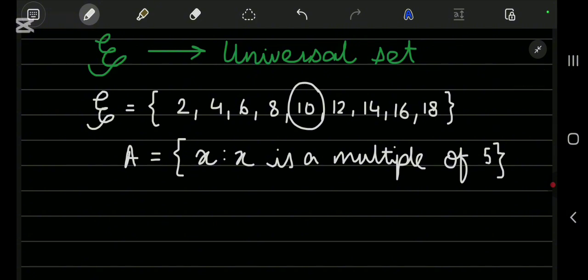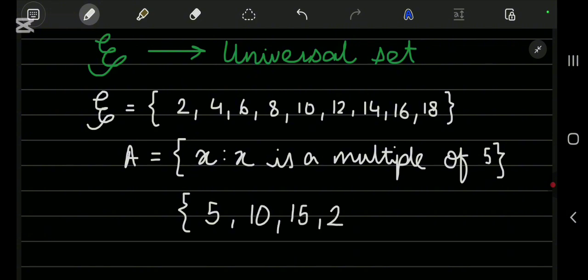Yes. The first thing that comes to your mind is x such that x is a multiple of 5, so you can write 5, 10, 15, 20, 25 and so on.